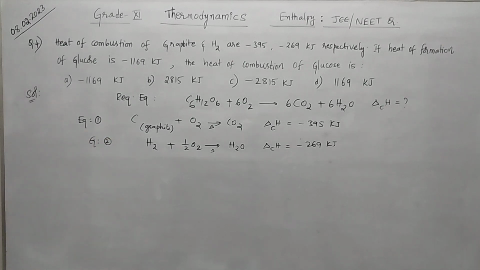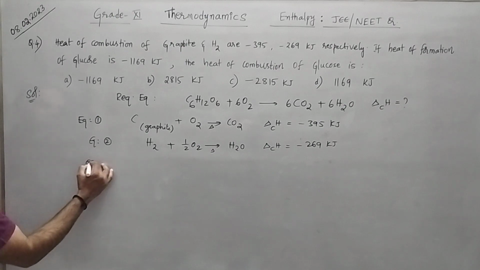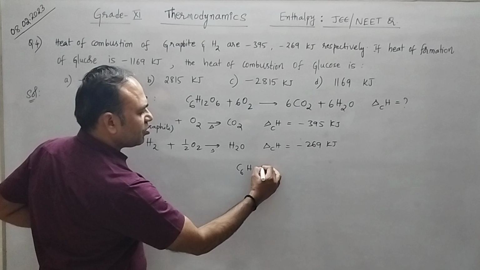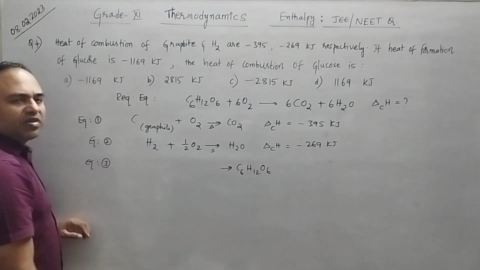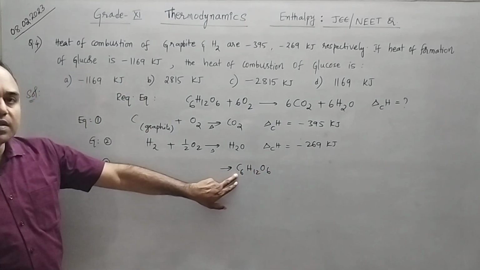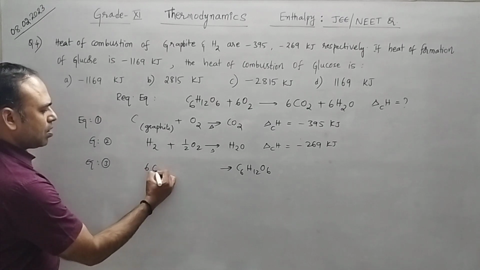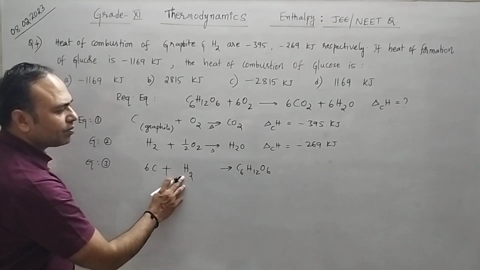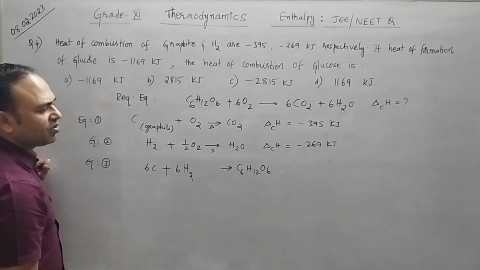Now the heat of formation of glucose, equation 3, heat of formation of glucose, formula C6H12O6. Now observe this, how to form glucose. 6 carbons plus hydrogens, we have to write in H2 form, 12 means 6H2.